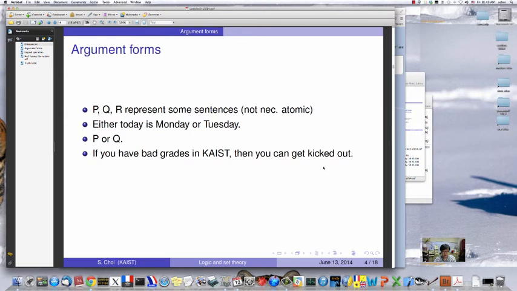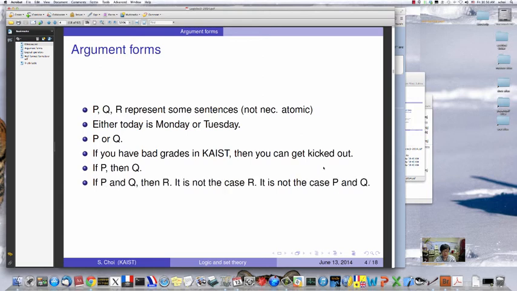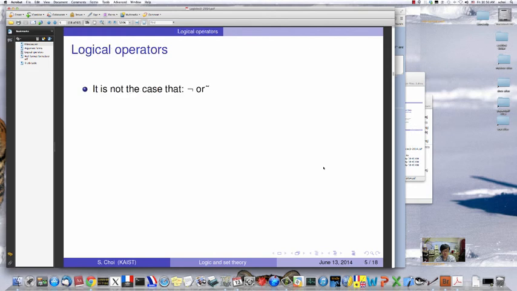If you have bad grades at KAIST, then you can get kicked out. Okay, so if P, then Q. If P and Q, then R. It is not the case R. It is not the case P and Q. Okay, so these are all argument forms, and we will learn how to formalize these.